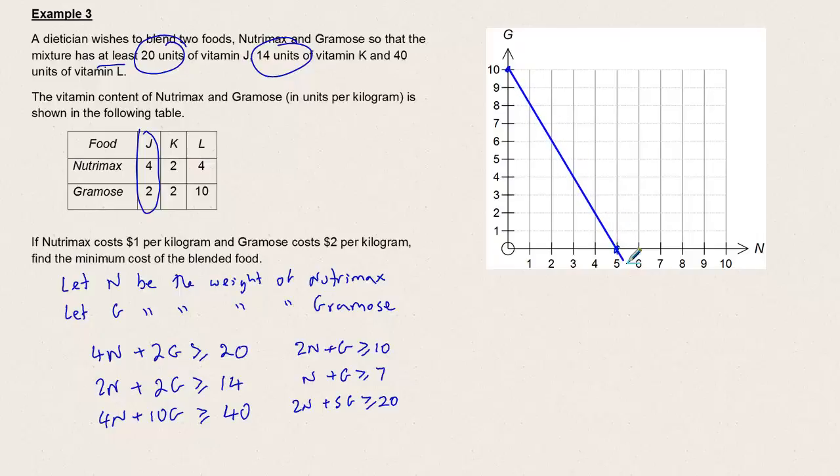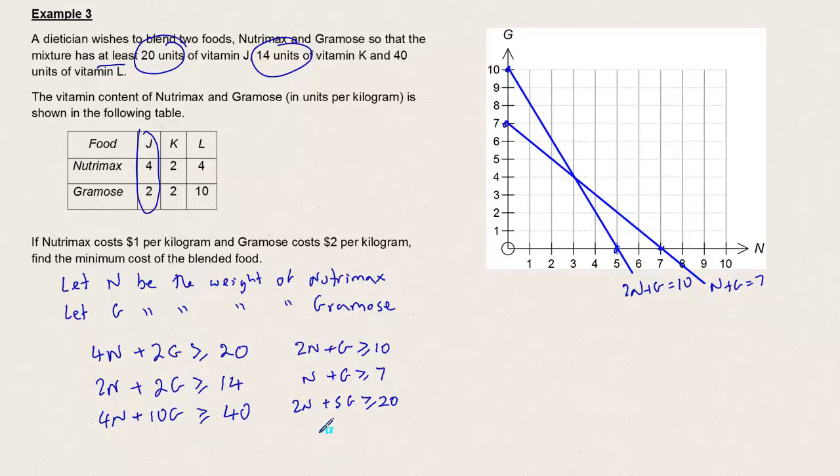So that gives us this line just here, which is 2N plus G equals 10. N plus G is 7, gives us an intercept here of 7 and an intercept here of 7. So that's going to be this line across here. So that's N plus G is 7.